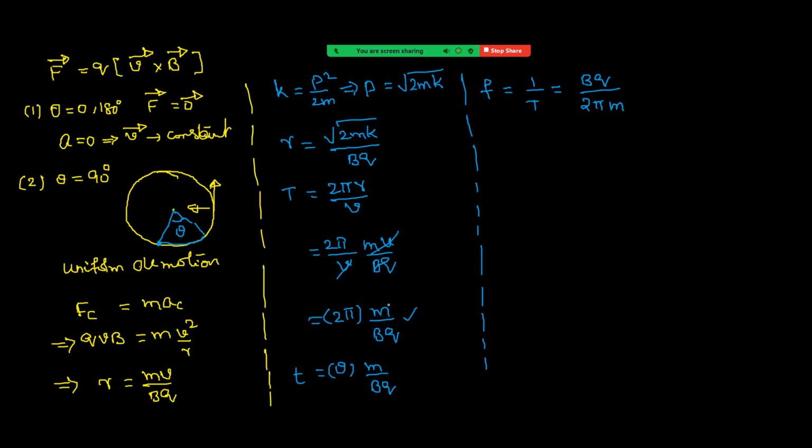Generally we have a misconception that if speed is more, it covers in less time, right? But we have to remember that when speed is more, radius is also more. That's why even though speed is more, time period of revolution remains the same. It is independent of speed. More speed, more radius, right?